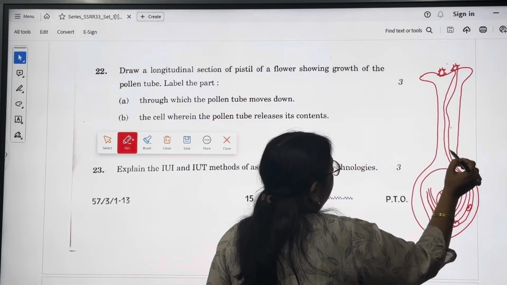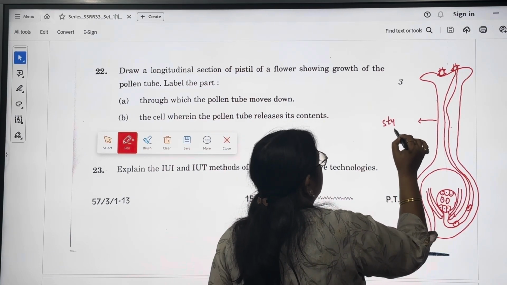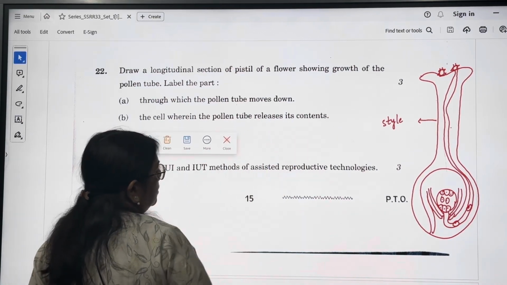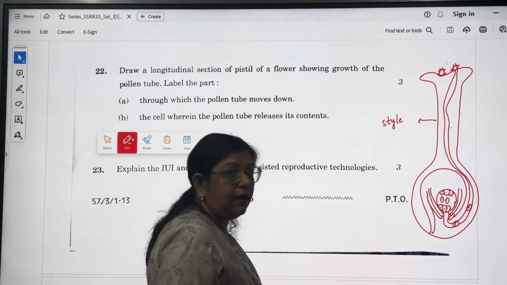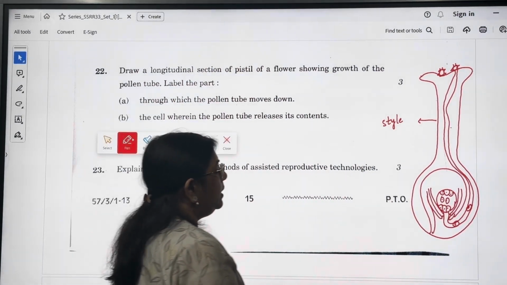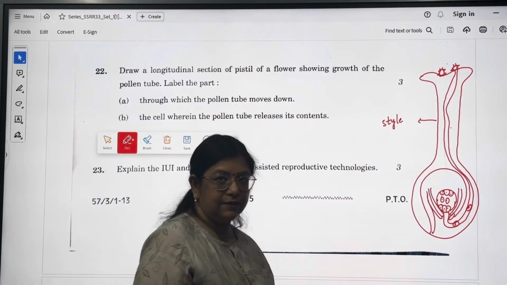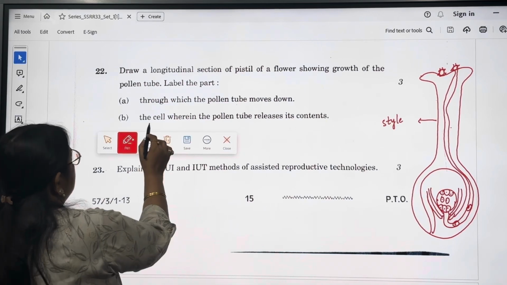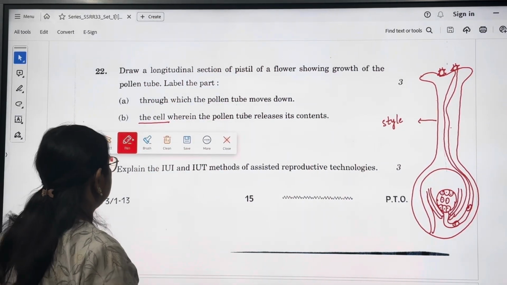This is the part where the pollen tube moves down, and this is called style. The cell wherein the pollen tube releases its content, the first male gamete is released in the egg cell of the embryo sac, and the second male gamete is released in the large central cell to make the endosperm. So you can write first cell is the egg cell and the second one is large central cell.